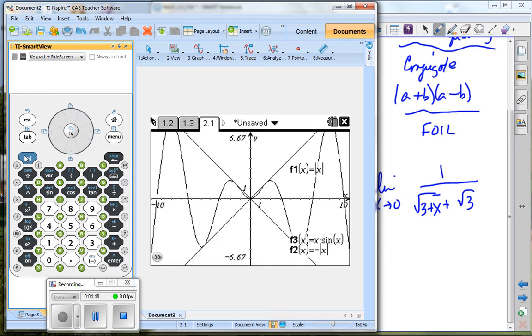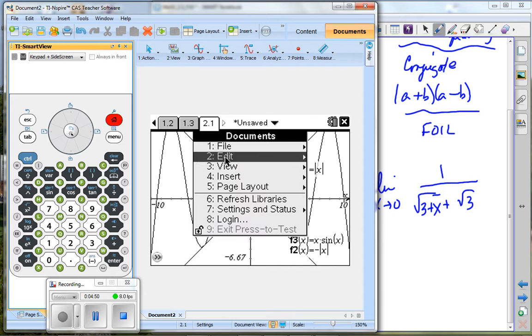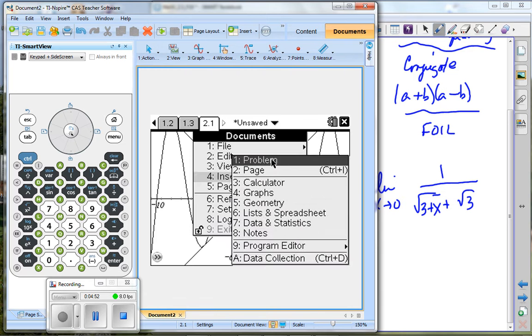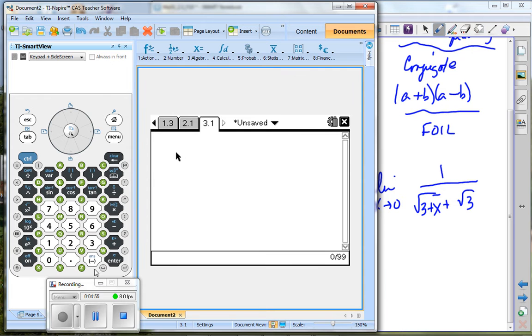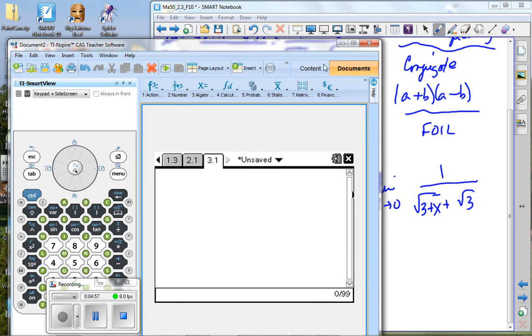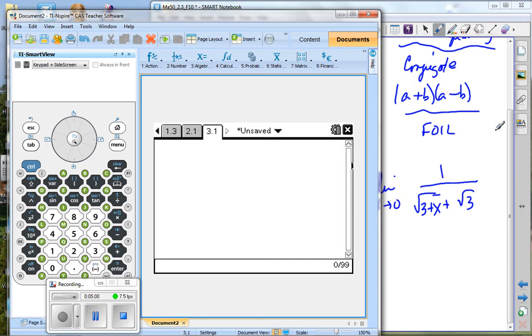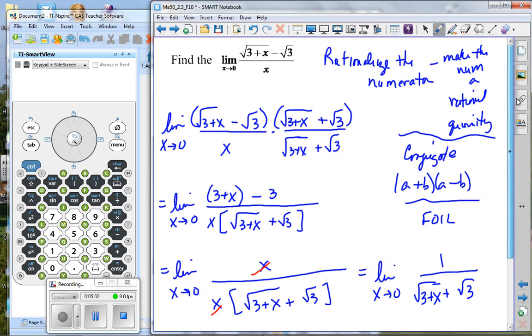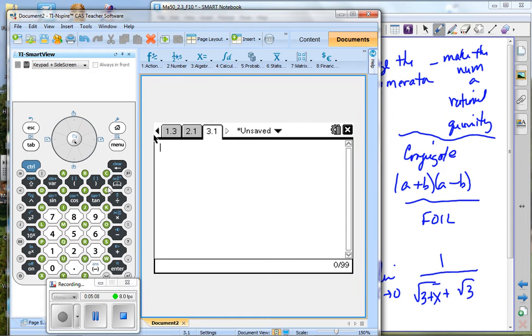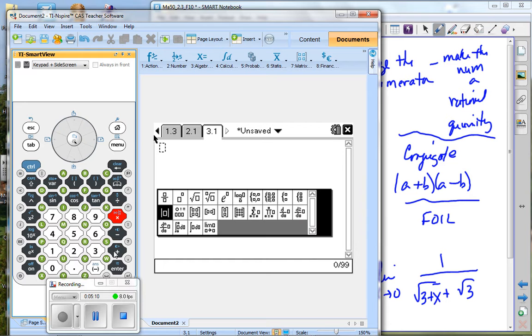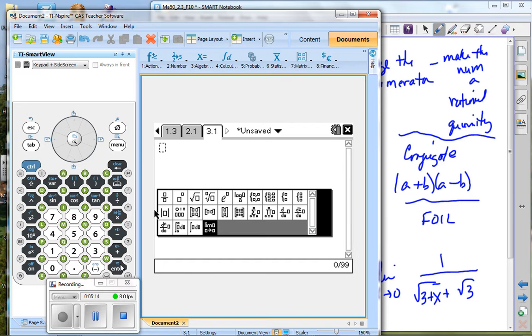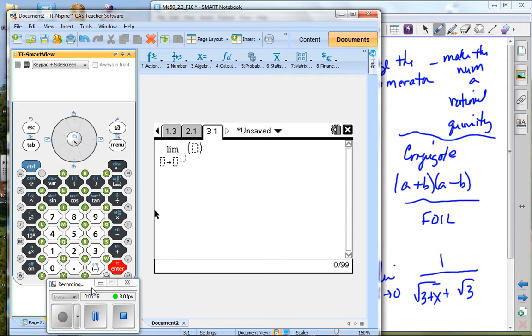So I'm going to do a Control Home, insert a new problem, and it's going to be a calculator page. All I want to do is to go back to this problem and just take the limit of that. Okay, so I am going to find my template for the limit and press enter.